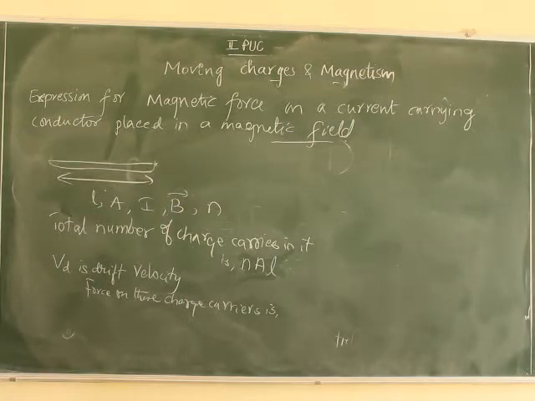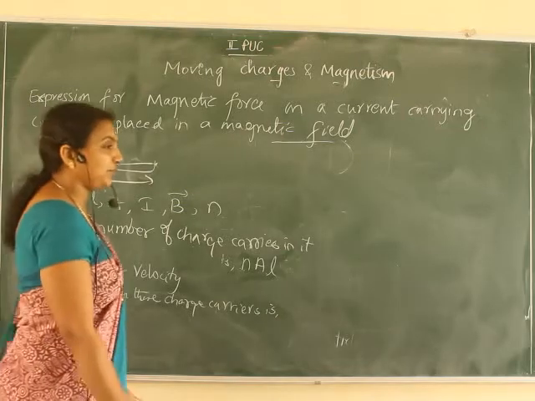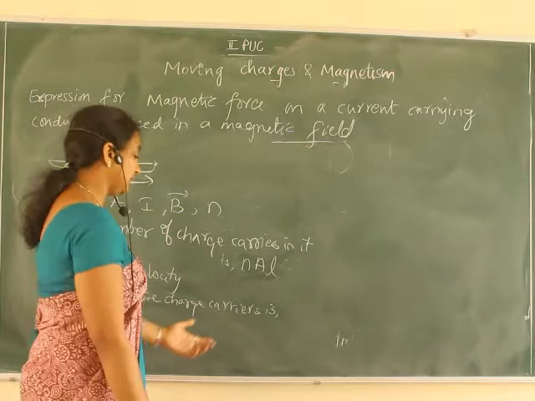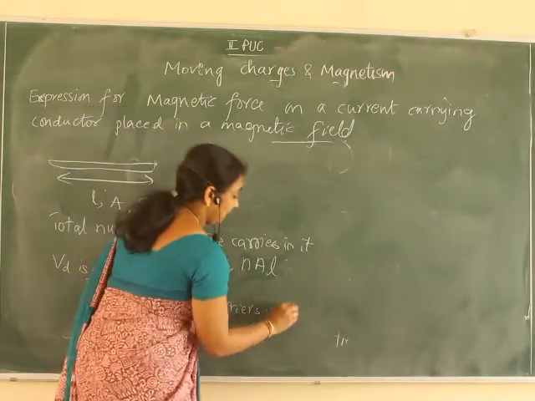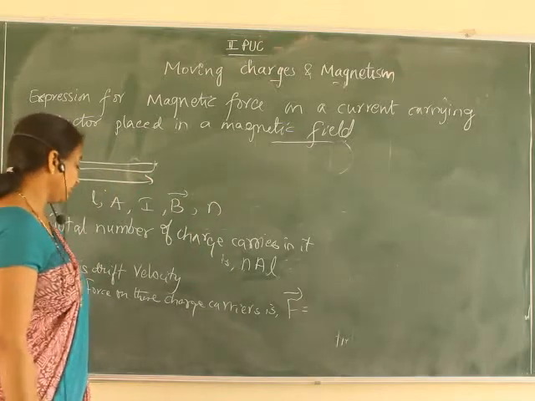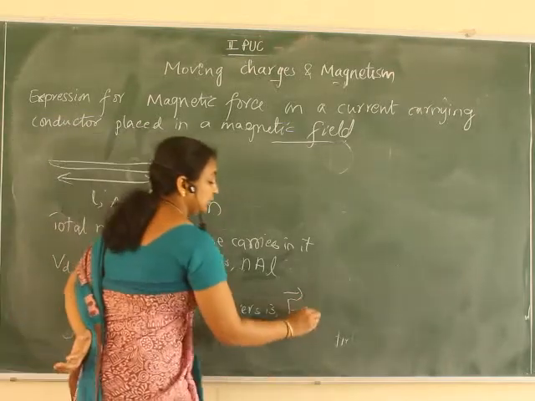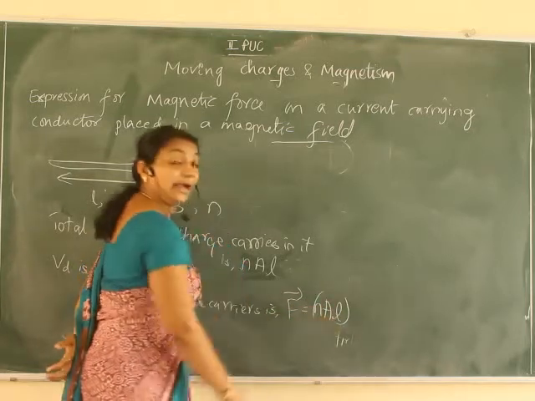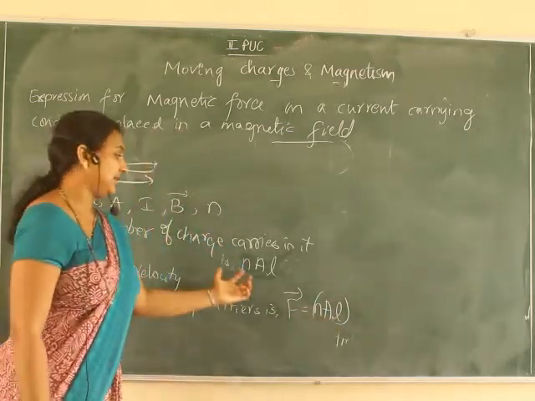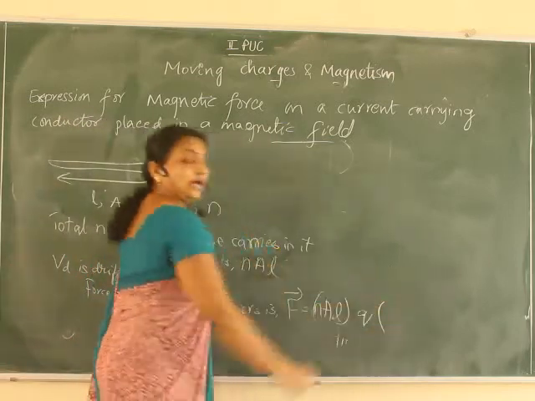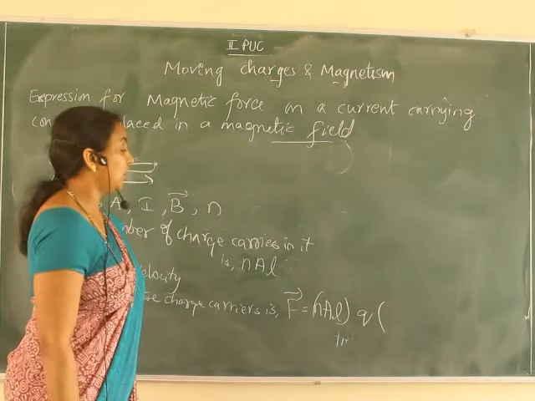F is equal to, what we have written in the Lorentz force expression, that itself. F vector is equal to, how much? N A L, the number of electrons, N A L into Q into V cross B.